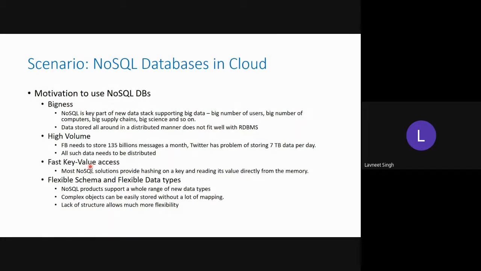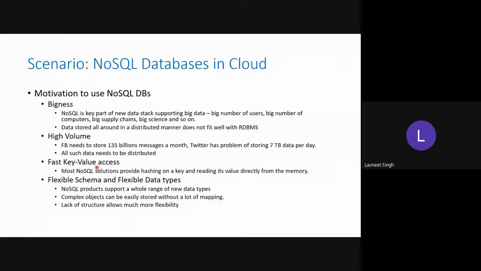And if you make that property a keyed value, you can directly read it from the memory because hashing is very fast, right? So almost it's constant time. In the ideal case, a hash function will take constant time. So if you want some fast access, you can put that property or data as a key value pair, right?